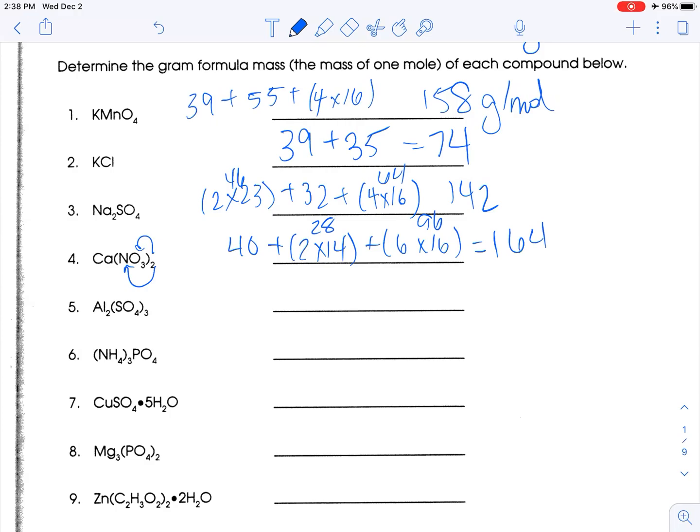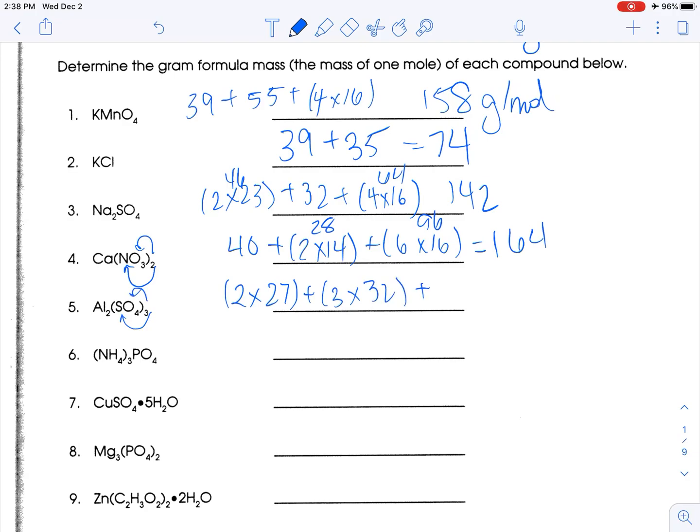Aluminum sulfate. Aluminum, there are 2 of them, and the mass is 27. And I'm finding these numbers on the periodic table. I don't know them. I'm smart, but not that smart. 3 sulfurs times the mass, which is 32.